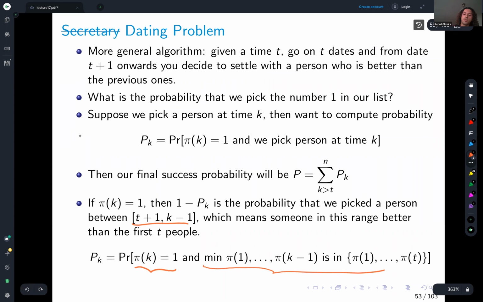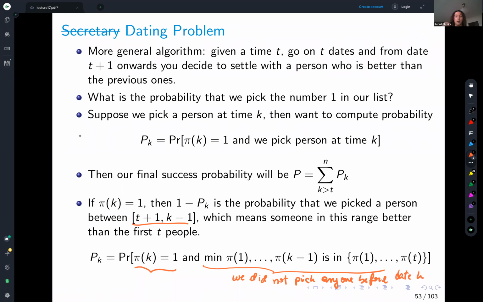So this will be, we did not pick anyone before time k, or date k, I guess. Now, what is this? We didn't pick anyone up to before date k, mathematically.